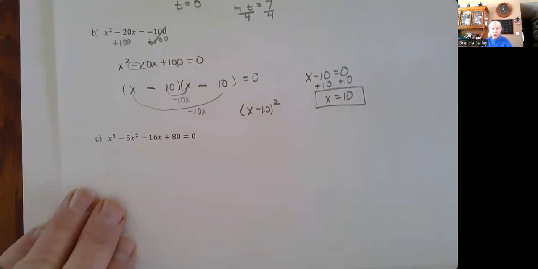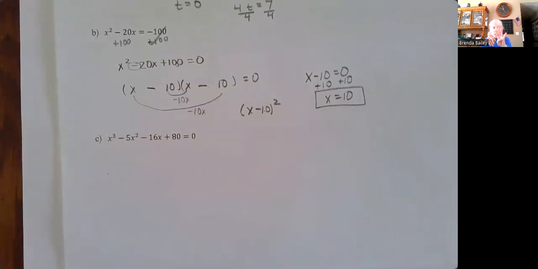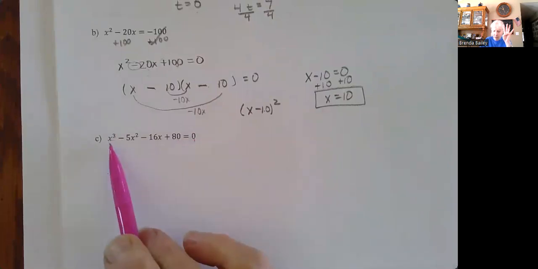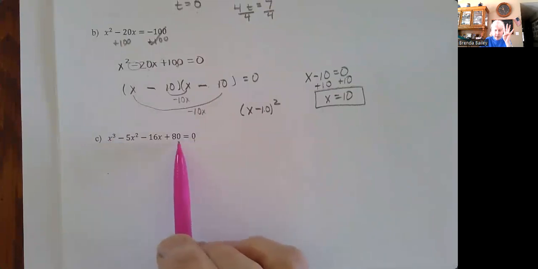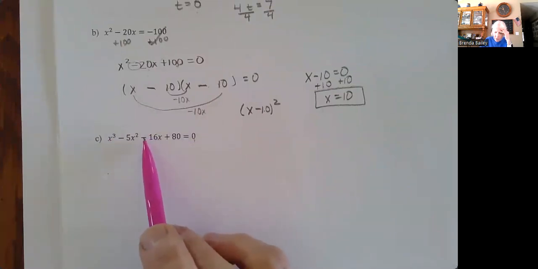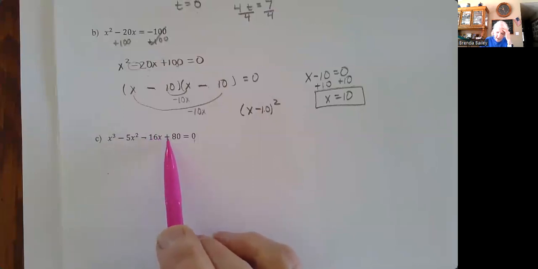Hoping you're catching on. Okay, when you have 4 terms, we're going to use grouping. And you can't combine those 4 terms. Obviously, it's already been set equal to 0. And there's nothing you can pull out of all of them that's in common. So we'll go ahead and we're going to group. The only problem is when you group this negative outside, it changes that sign.